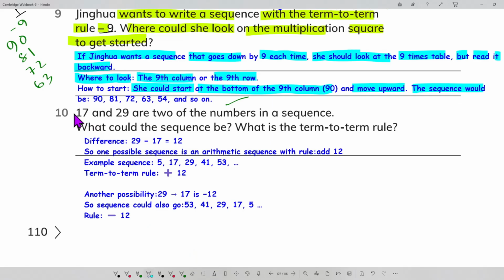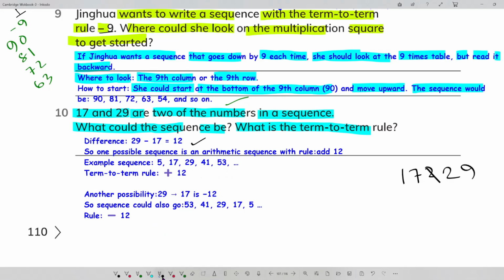17 and 29 are two of the numbers in a sequence. What could the sequence be? What is the term to term rule? Look, we have two numbers, 17 and 29. Here the difference is 12.